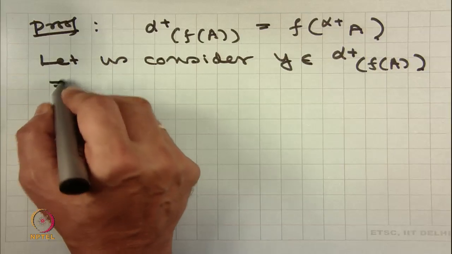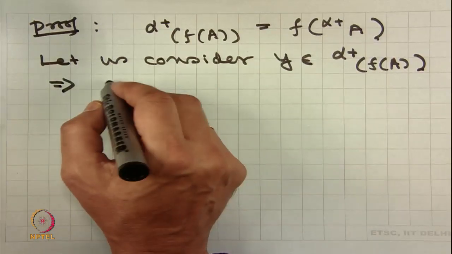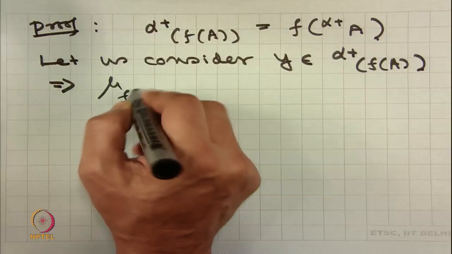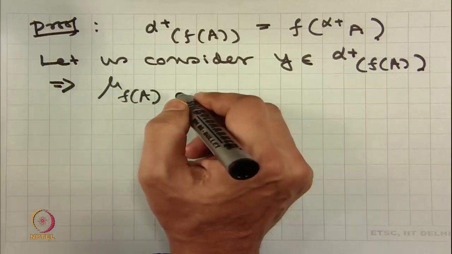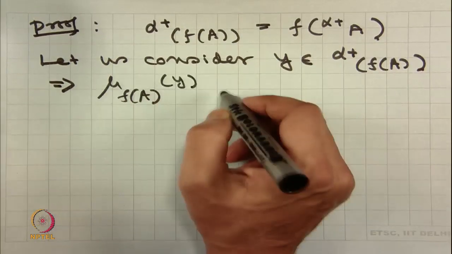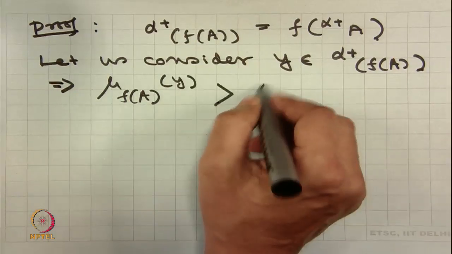This implies that mu f(A) of y is greater than alpha.